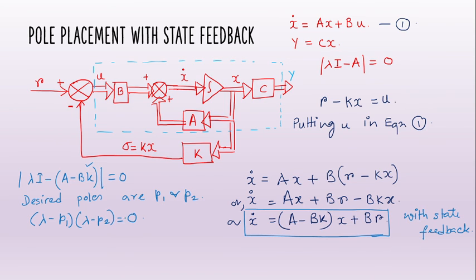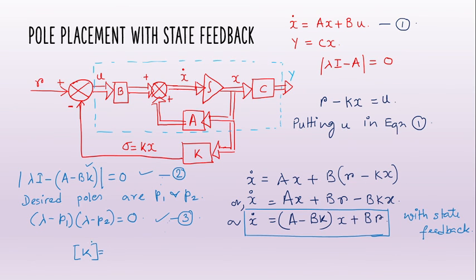So that means this equation and this equation are both the same. If you equate equation 2 and equation 3, as this part is known and only K is unknown, you will be able to solve for the value of K. So you will get the K matrix.